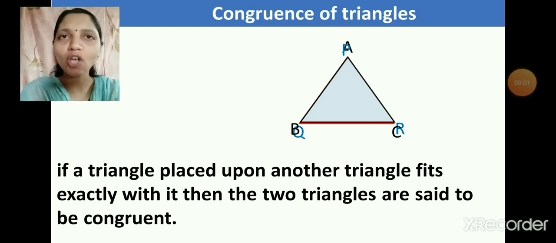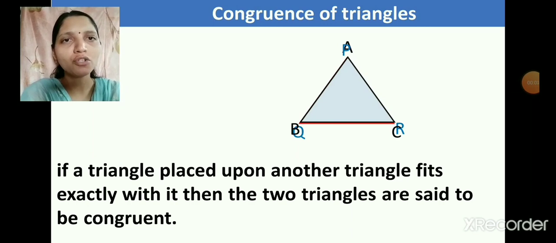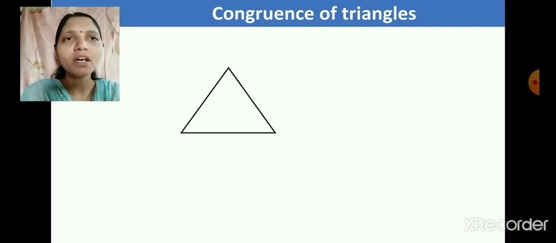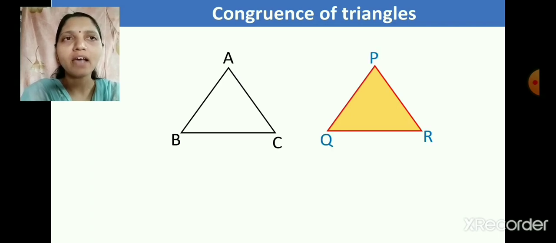But it is not always possible to place one triangle upon another triangle. So what are the different ways to find out the congruency of triangles? Let's see. Here I have drawn triangle ABC and triangle PQR, and I want to find the congruency between these two triangles. So what can I do?